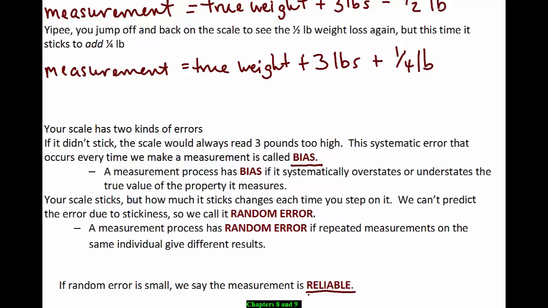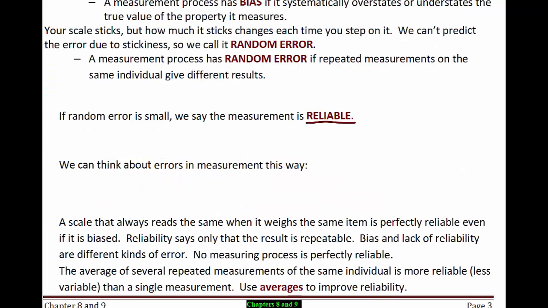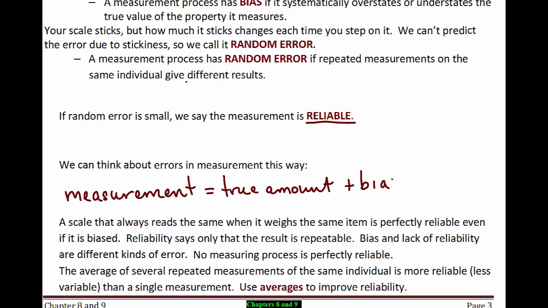It's not predictable, and it's a different type of error. We can think about errors in measurement in the following way. The measurement that you get from whatever measuring process you're using is going to be the true amount plus any bias plus any random error.